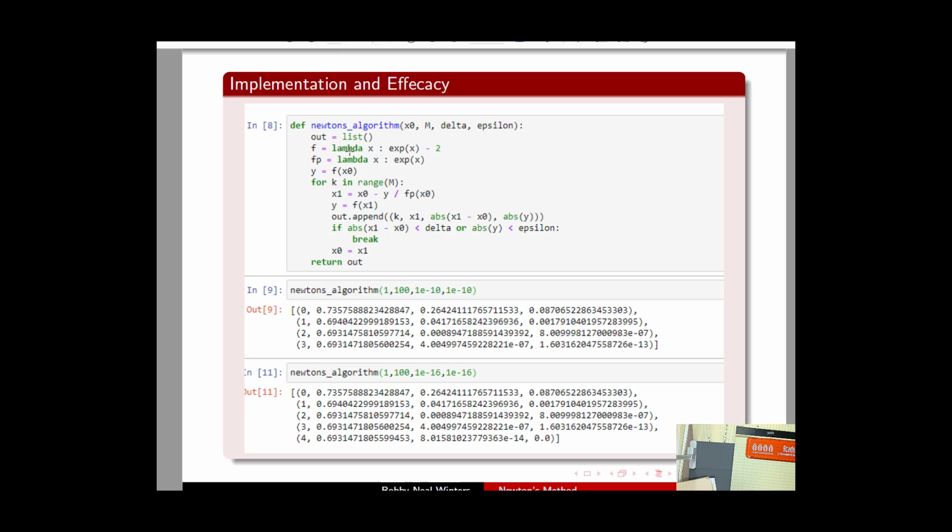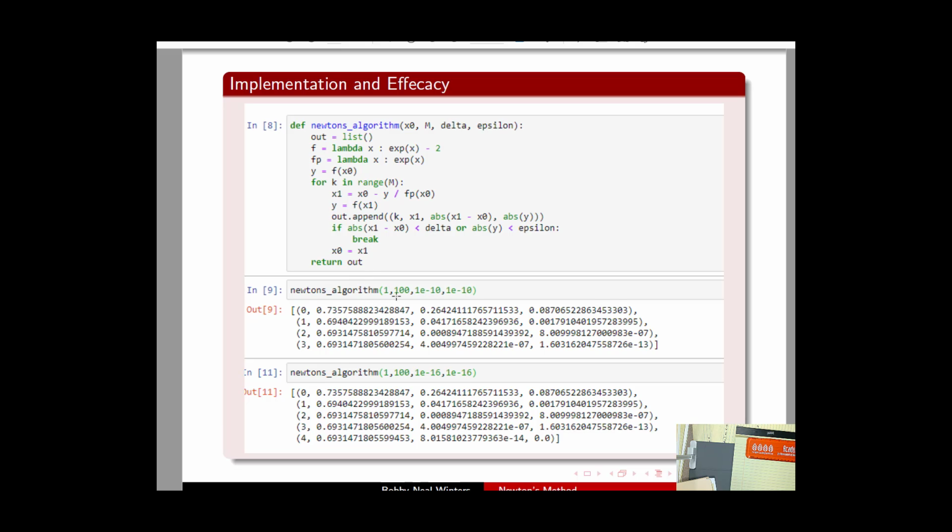I call f, using what's called the lambda functionality of Python. f is lambda, it takes x to exp of x minus 2, and so the derivative of this is just exp of x. Then we go through this.